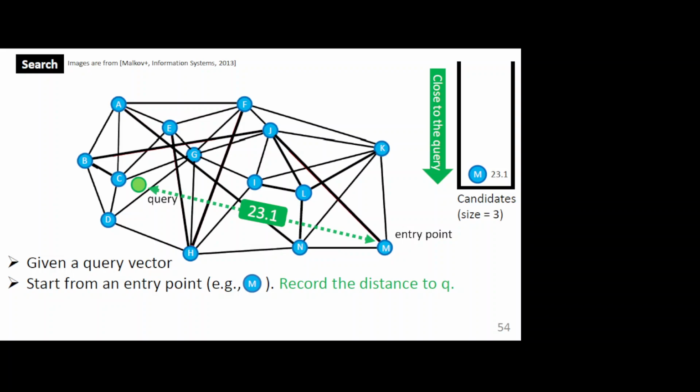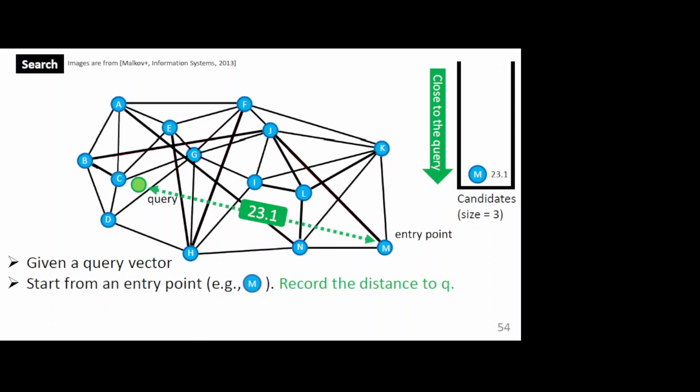The queue stores the closest points to the query. Because we start from here, your first point is N, and the size is 3. This means we can store at most 3 points here.